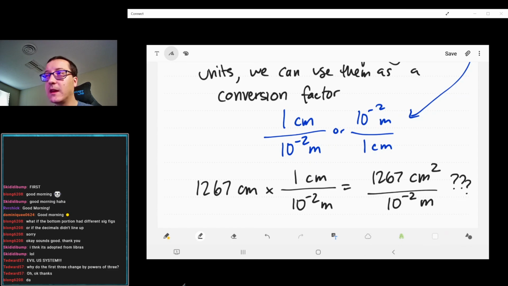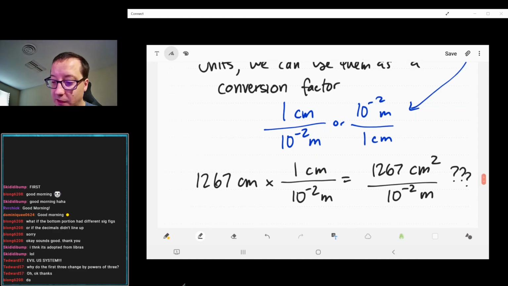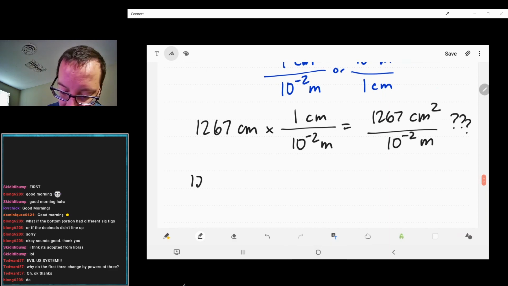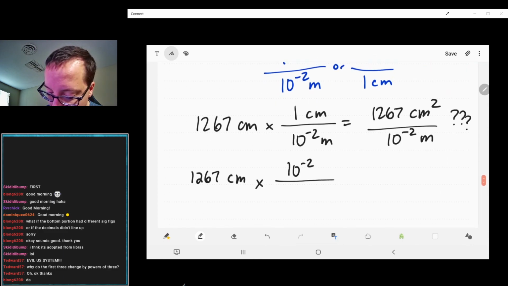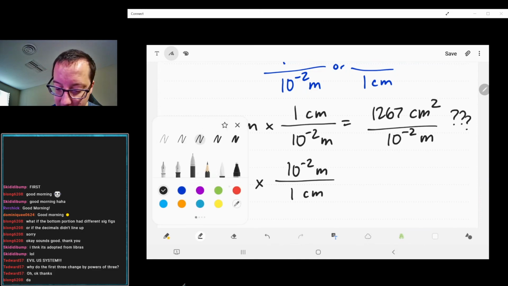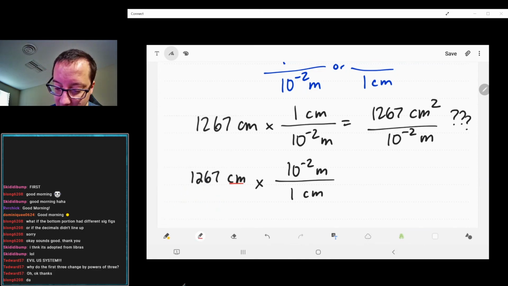However, we can take advantage of our knowledge of how units work and how multiplication and division work if we actually use that other conversion factor, the second one instead. Oh, look what's going to happen now. Our units of centimeters are going to cancel out. Anything divided by itself will cancel out, right? That's how division works.